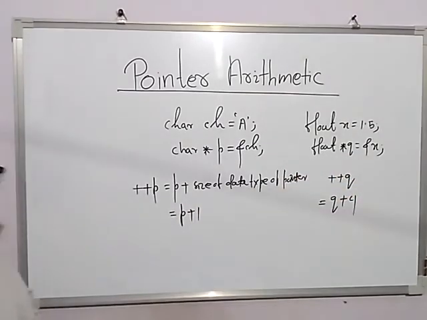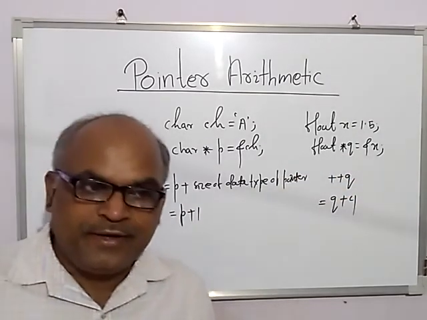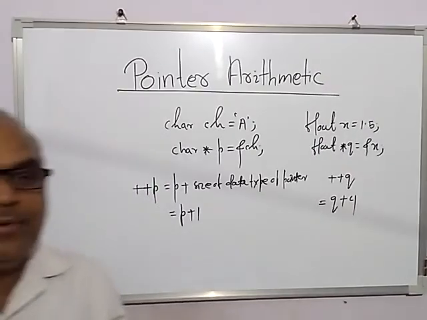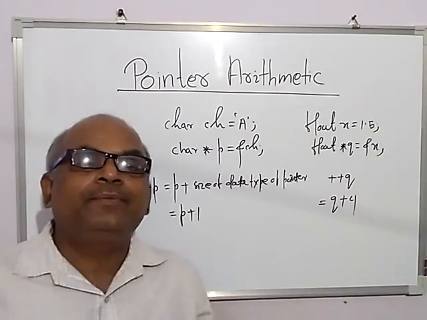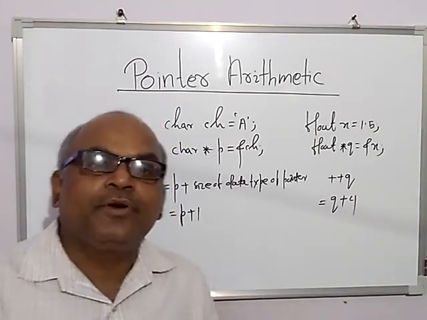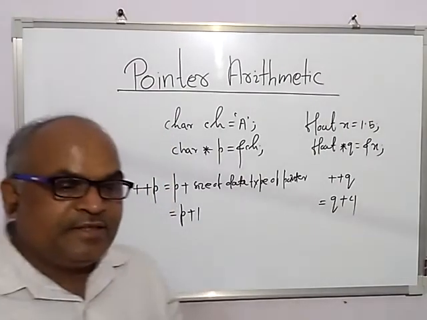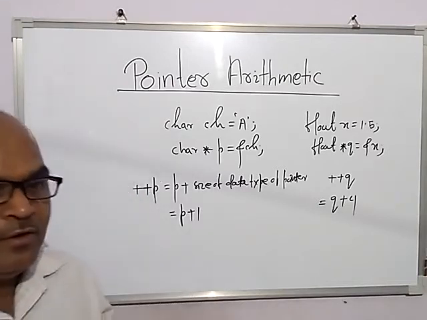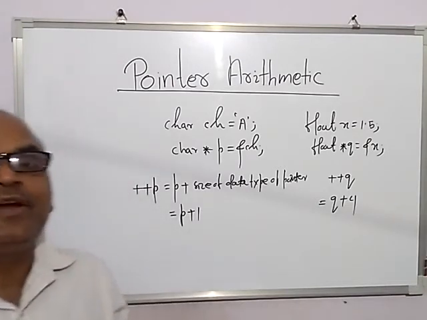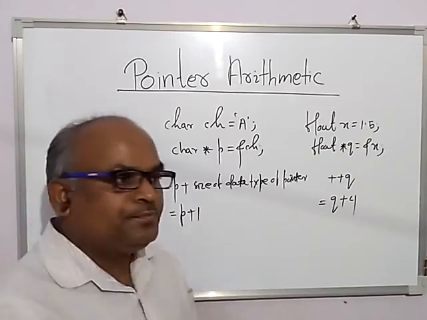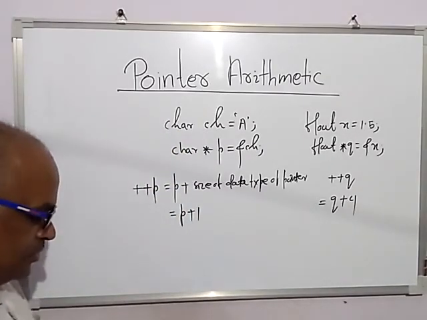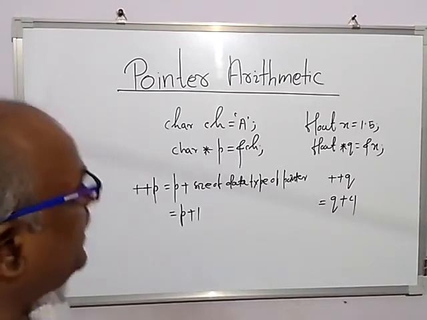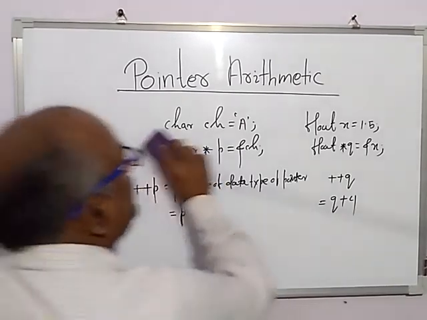So if a pointer is incremented, it increases the value of the variable by the size of the data type the pointer points to. If decremented, it decreases the value by the size of the data type it points to. So in this way you can use the increment and decrement operator for the pointer.